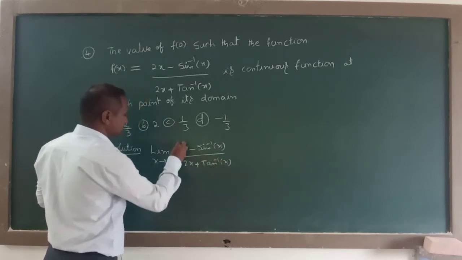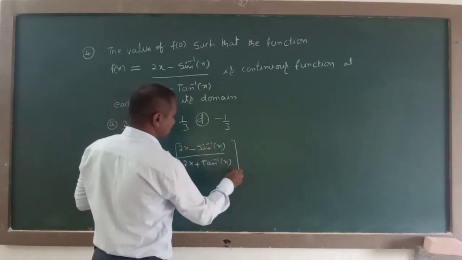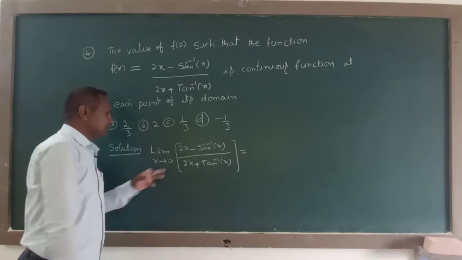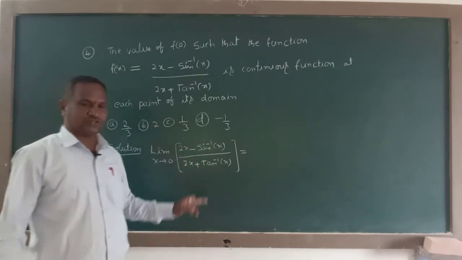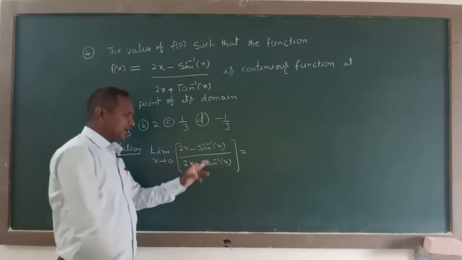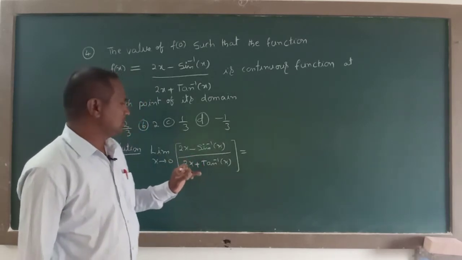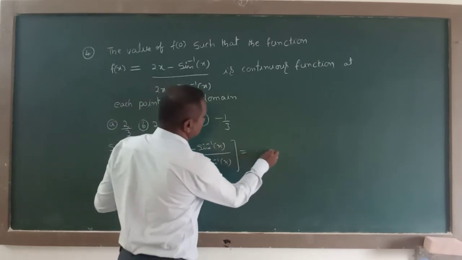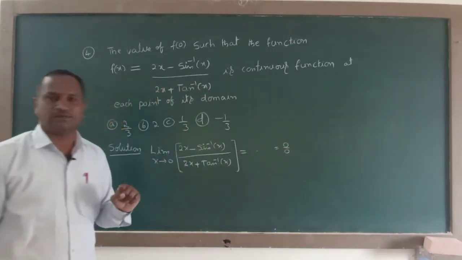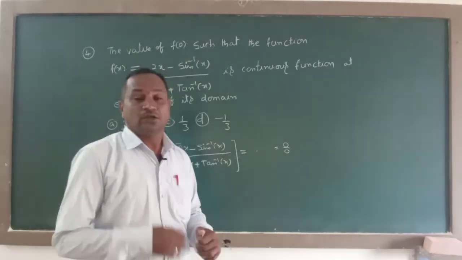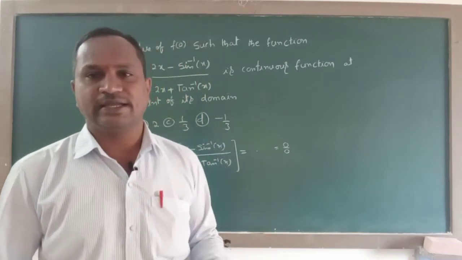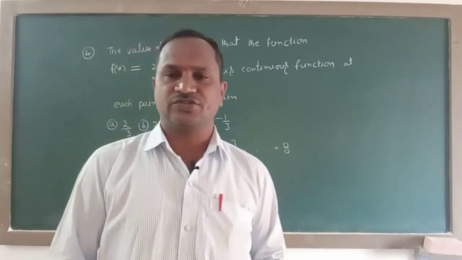Apply the limit value here: 0 minus sin inverse 0, which is 0 minus 0, 0, and 0 plus tan inverse 0, 0. That's why it approaches the 0 by 0 form. But we try to cancel it, by taking which method we are going to get the limit value for this question.